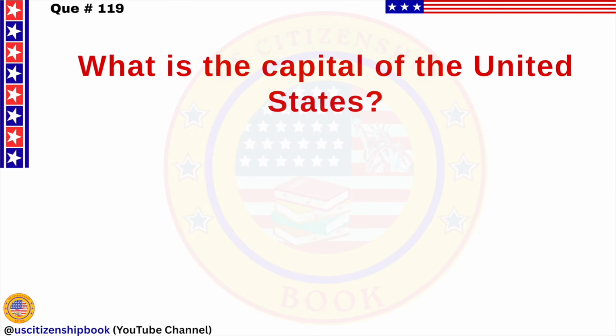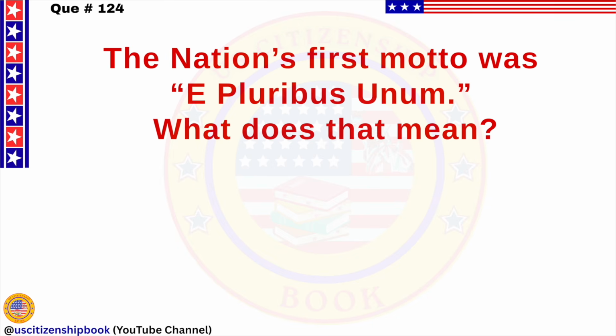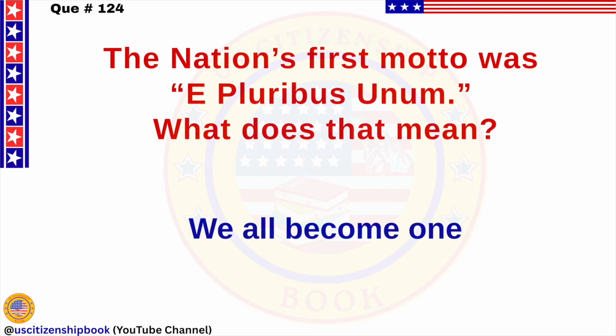What is the capital of the United States? Washington, D.C. The nation's first motto was, E pluribus unum. What does that mean? We all become one.